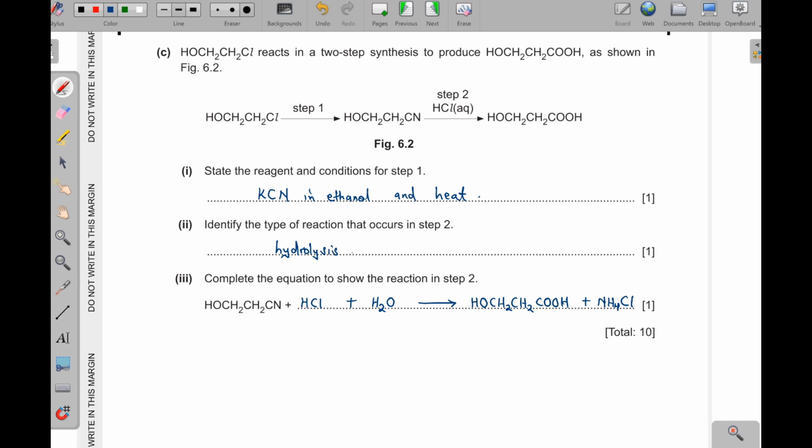Then we can balance and see how many oxygens we have here. These are 2 plus 1, those are 3. This is 1 here, which means I will need 2 here. If I put 2 here, I think we have balanced. Hydrogens, how many are there?